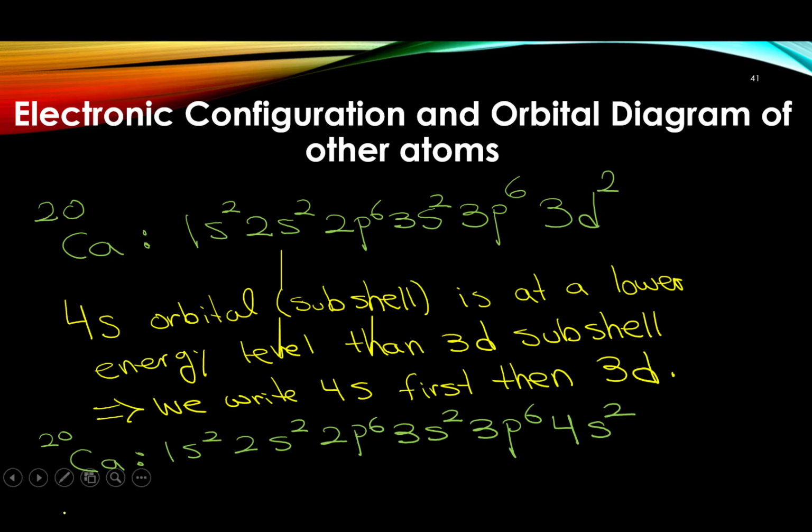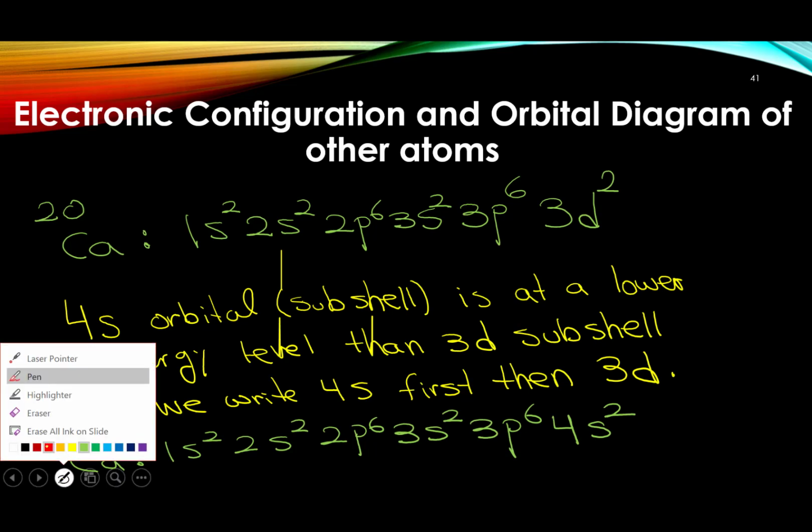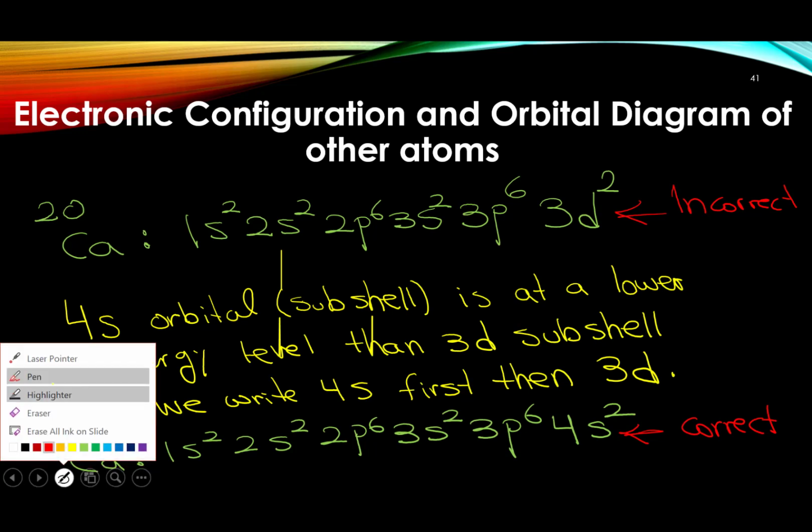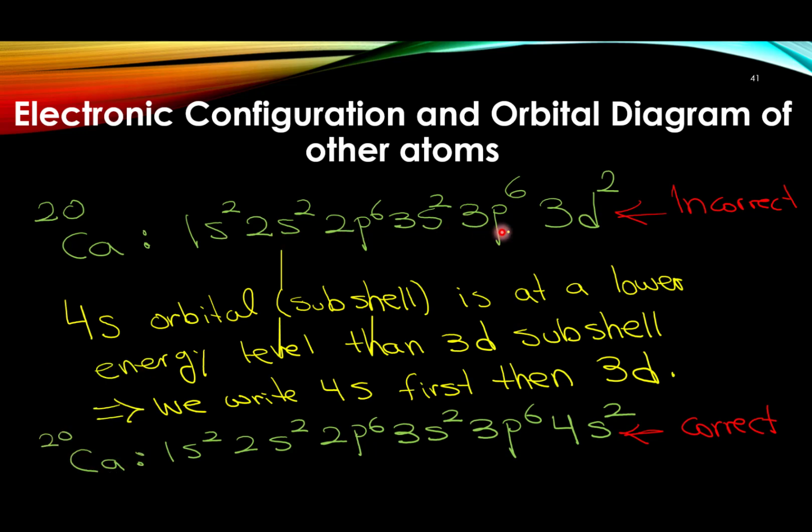That's what we write. This one is incorrect, whereas this one is correct. If you write it the wrong way, you will not receive any credit at all. Why? Because 4s subshells are at a lower energy level than 3d subshells. That's why you have to write 4s first. That's how it works.